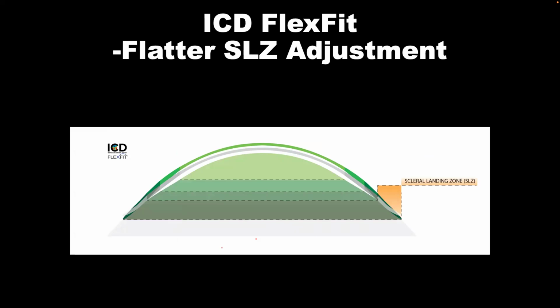If we want to flatten, we're going to raise that area, so it's going to be a minus sign. And if we're going to steepen that area, just the edge, we're going to go with a plus sign. And again, it's 25 micron steps.